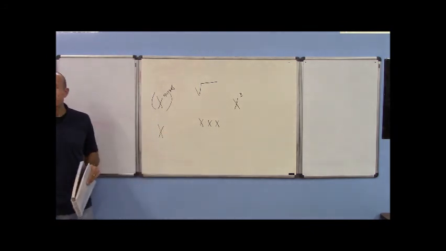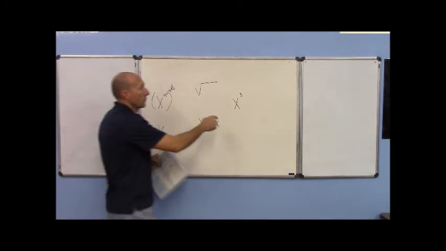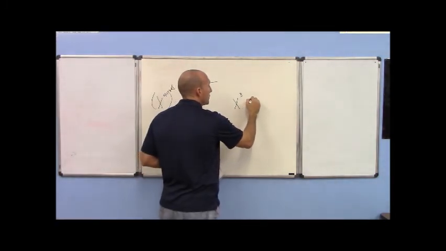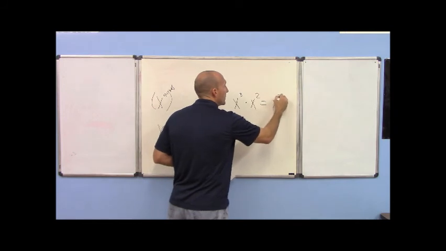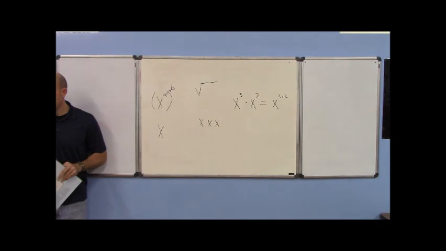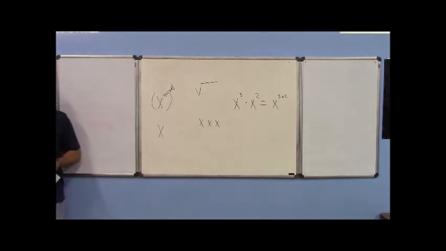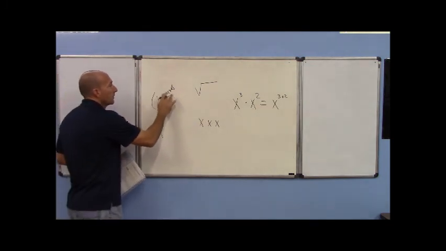Do y'all remember? Well, we add when we're multiplying. So if we add x to the third times x to the second, we will add those, 3 plus 2. Wouldn't you times them? Well, it's because you're telling the a to times itself by whatever it is. Absolutely.